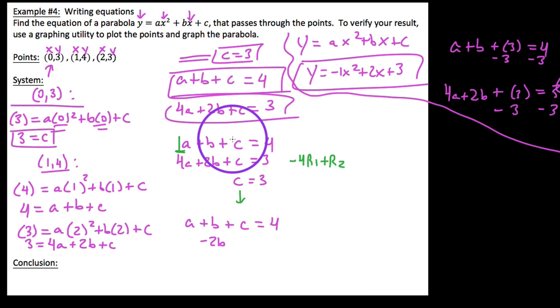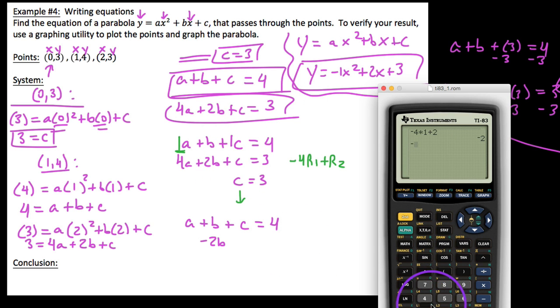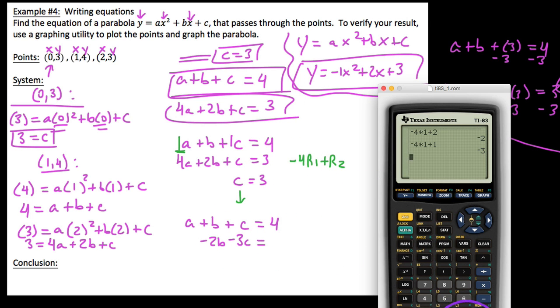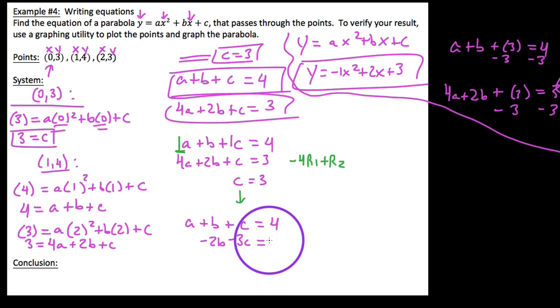Now we're going to take -4 times this 1 and add that to this 1 here. We get -4 + 1, but just to show you, you can do it formally with -4 times 1 plus 1. We get -3, so we get -3c, and then we'll take -4 times 4 and add that to our 3 in our second equation. So -4 times 4 plus 3, we get -13 here.